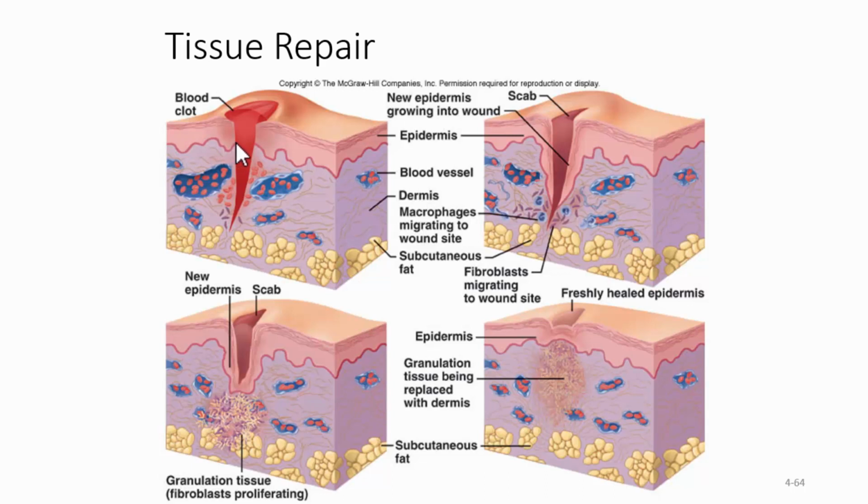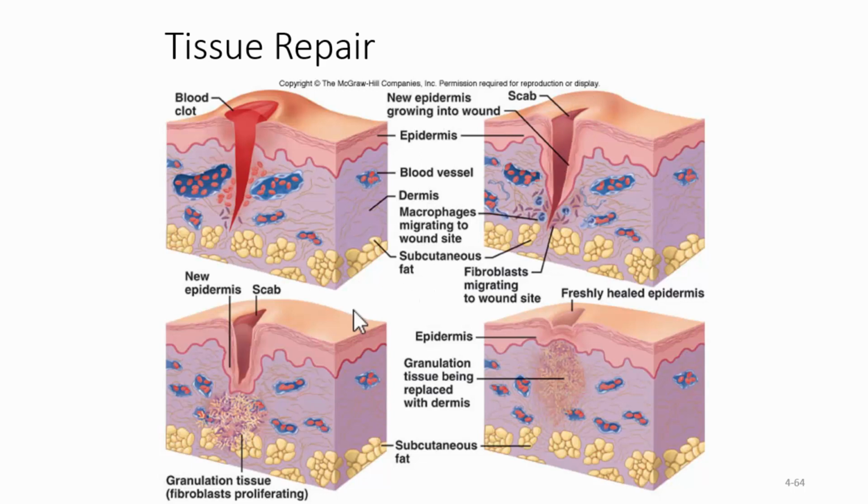Well, it's going to be hard to jump that gap right there. So that layer is going to tend to migrate downward so that it can start to close the gap and then take that blood clot that's now hardened into a scab and start pushing that up and out.